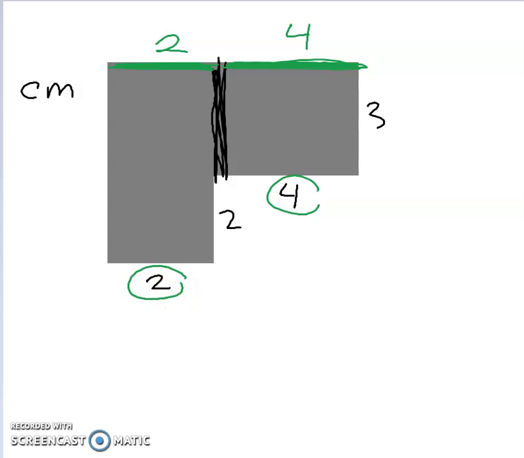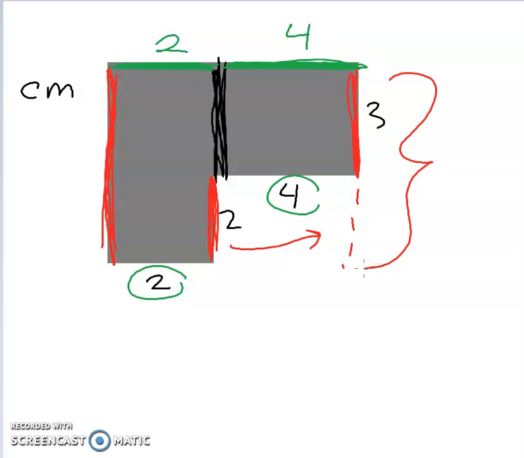And my third one is this long side, which is a combination of that side and that side. If you were to move this side over, it would be the same length as this one over here.